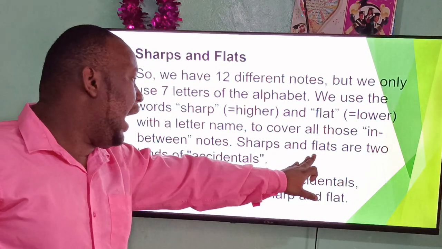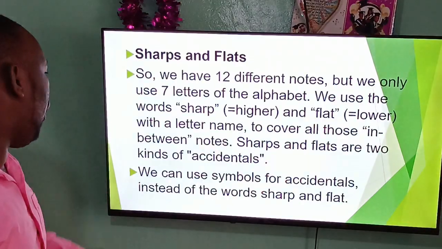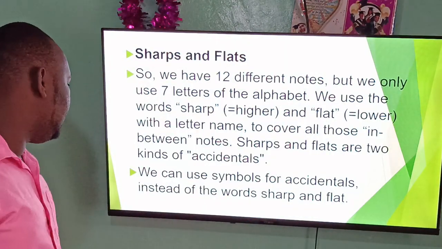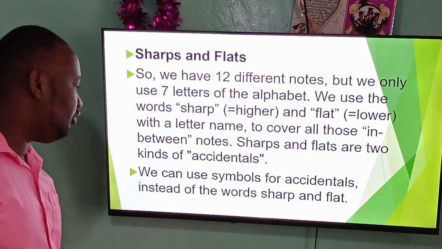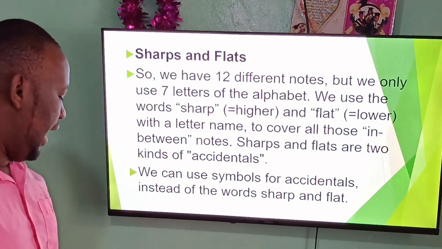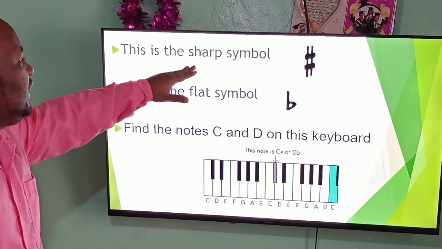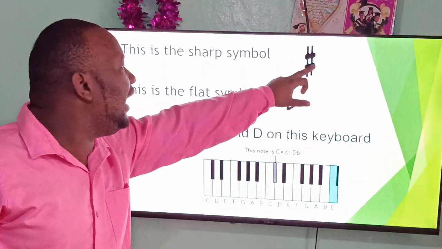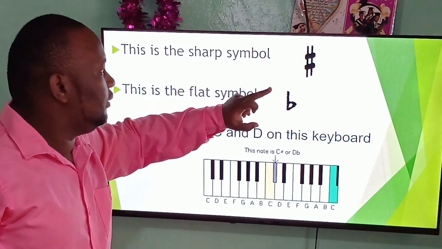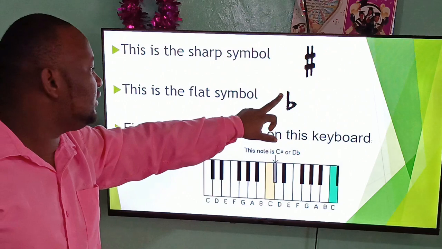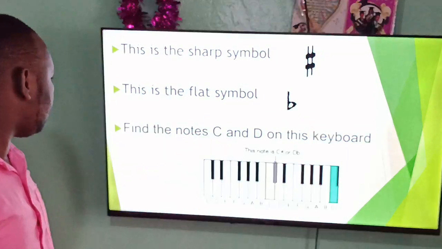The sharps and flats are two kinds of accidentals. We can use symbols for accidentals instead of the words sharp and flat. This is the sharp symbol. It looks like a hash. Then we have the flat symbol that looks like a b.